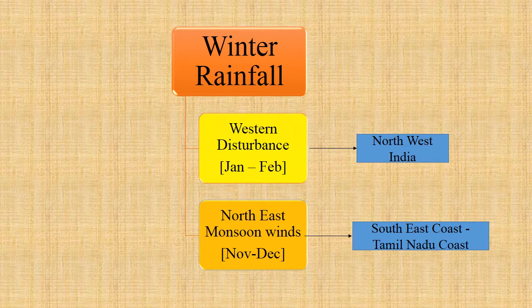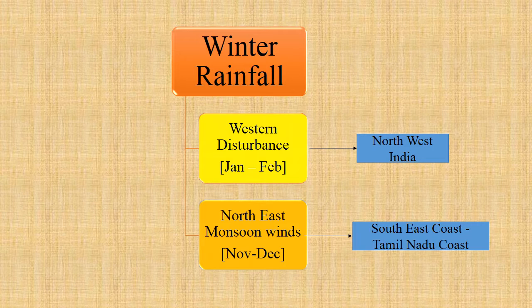So winter rainfall we receive from two winds, western disturbance and northeast monsoon. If you observe properly, both the winds are giving rainfall to two different parts of our country. Western disturbance gives rain to northwest India and northeast monsoon winds give rain to the southeast coast of India, that is Tamil Nadu. The source of both the winds is different.